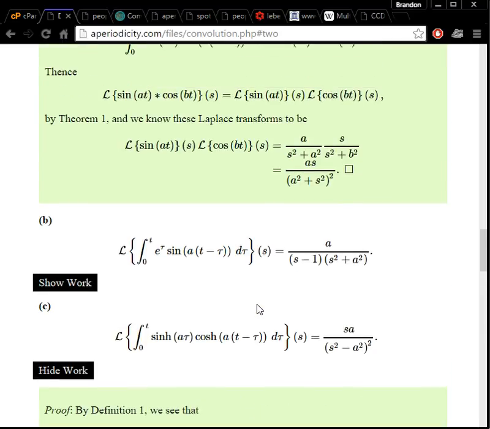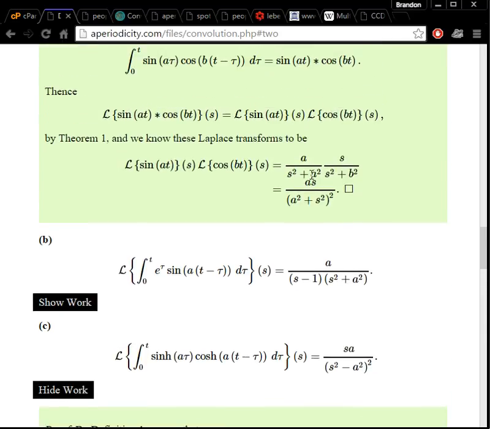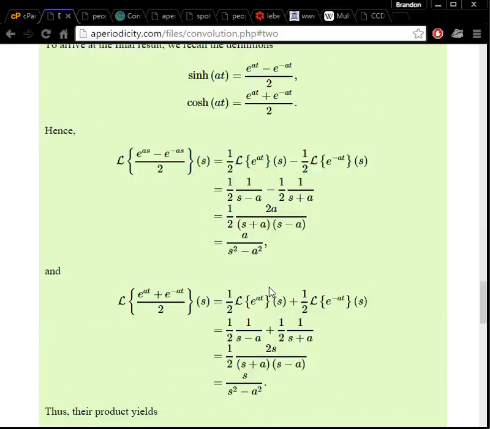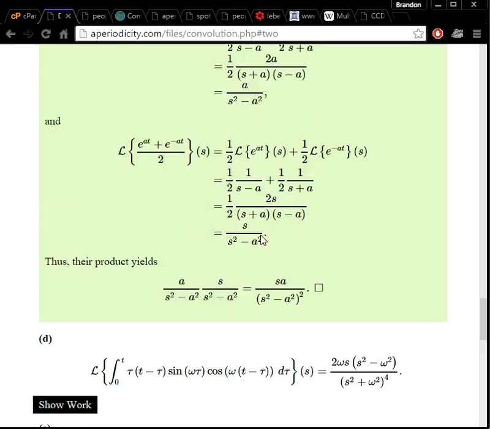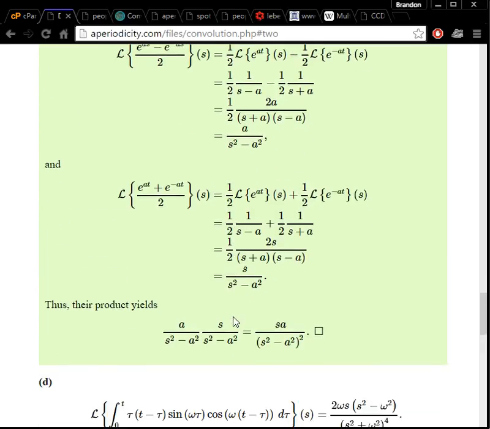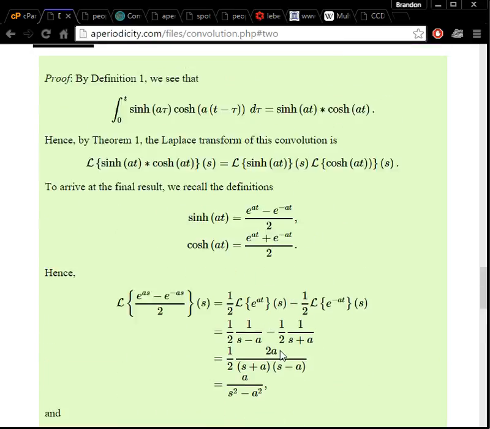So the only thing that changes is the parity in the denominator, and then we multiply these two Laplace transforms together, and we obtain this result, which matches what we have above.